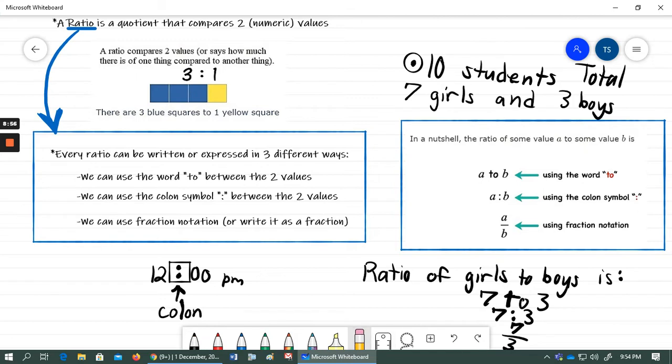Don't act like y'all don't know what a colon is. We can use that symbol between the two values. Anyway, those are the 3 ways that you can write out or express a ratio.